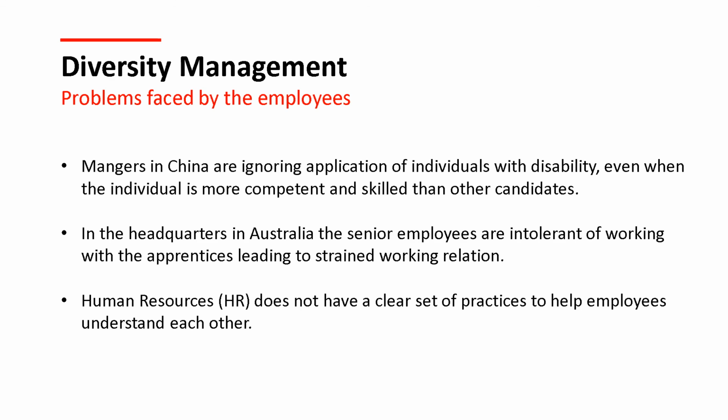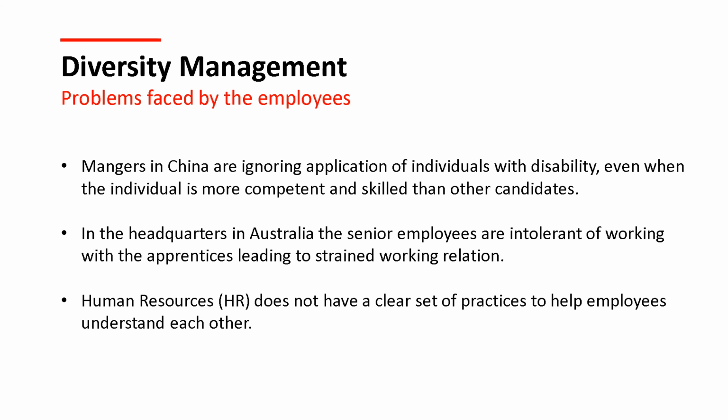The problems faced by the employees in an organization. In some companies, employees get discriminated against and misunderstood because of their diverse features. In a company, certain sections of the employees are facing discrimination which needs to be addressed, such as managers in China ignoring applications of individuals with disability even when the individuals are more competent and skilled than other candidates.